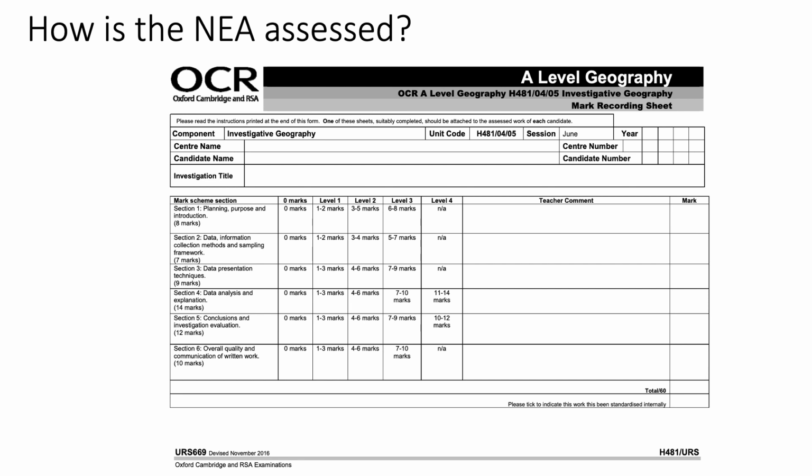This is your methodology. Your data presentation techniques, your analysis and explanation, your conclusions, and your evaluation. And then there are 10 marks, 10 out of 60, for the overall quality. So does this represent a quality, well thought out piece of work?